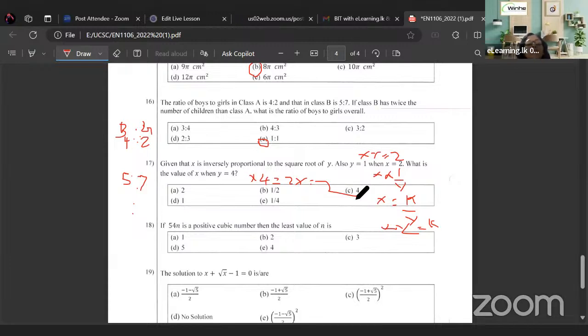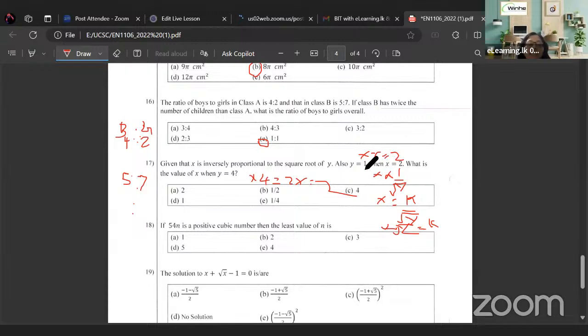Given that x is inversely proportional to the square root of y. Sorry, it's given as square root of y, right? Not the y, the original value. Then square root of y into x is equivalent to 2.